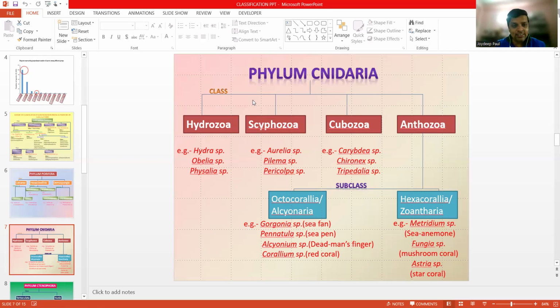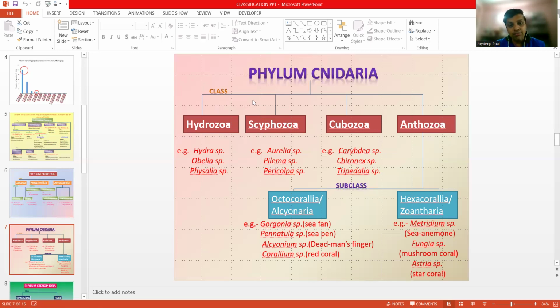So let us first discuss the general characteristic points of this class. They are exclusively marine, solitary or colonial. Medusa stage is absent. Mesoglea contains fibrous connective tissue and amoeboid cells.